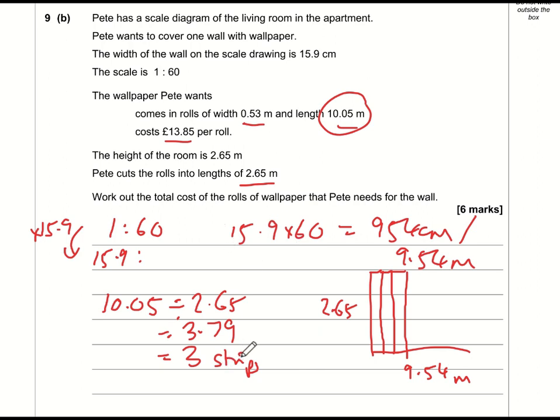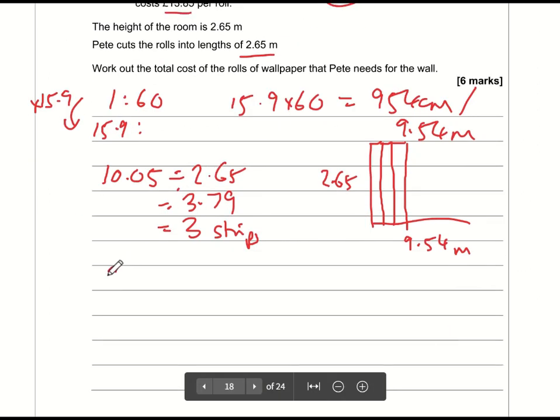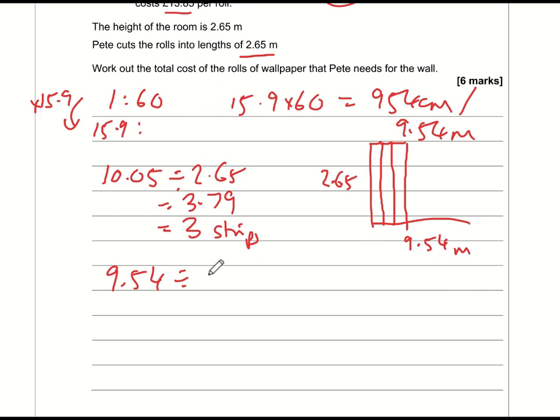Okay, so how many rolls will he need? We know we're going to get 3 useful strips per roll. Now we need to be thinking about the width. How many 0.53s go into 9.54? 9.54 divided by 0.53 is 18, so we need 18 strips.